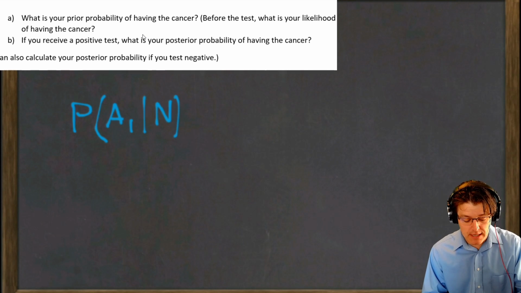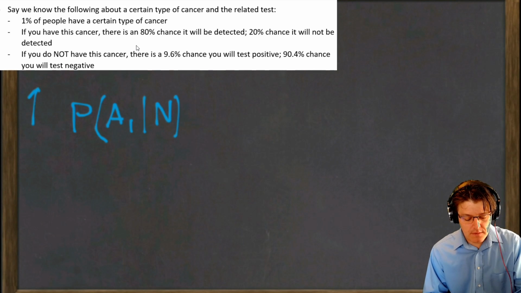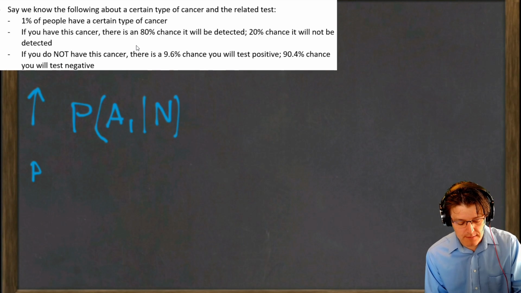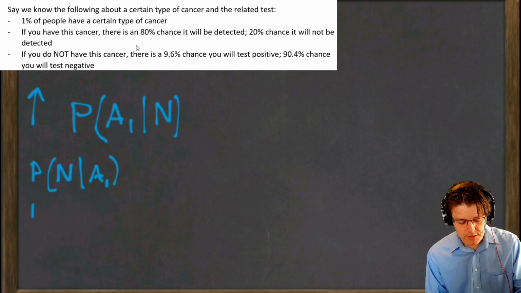But we would have to then rework based on still these same numbers, right? But we could rework and say, okay, what's the probability of a negative test given that you have cancer, right? And what's the probability of a negative test given that you don't have cancer?